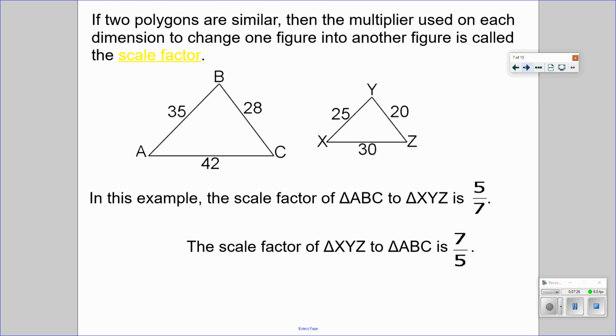All right. So when it comes to a scale factor, sometimes I just ask for a regular scale factor with no wording after it. I just say, what's the scale factor? And we're done. You can figure it out. It's what we go from one to the other. If I give you a specific way to tell me the scale factor, so I want the scale factor of ABC to XYZ, or saying it the other way, because that's a big thing with ratios.